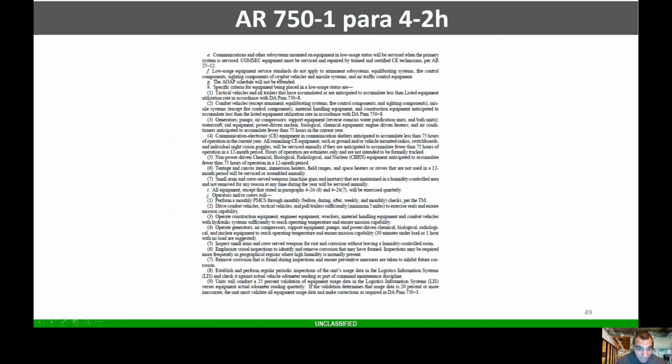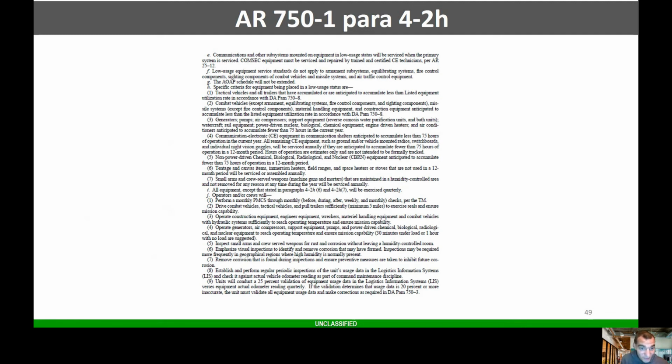For example, it says non-power driven chemical, biological, radiological, nuclear (CBRN) equipment anticipated to accumulate fewer than 75 hours of operation in a 12-month period can go to low usage.